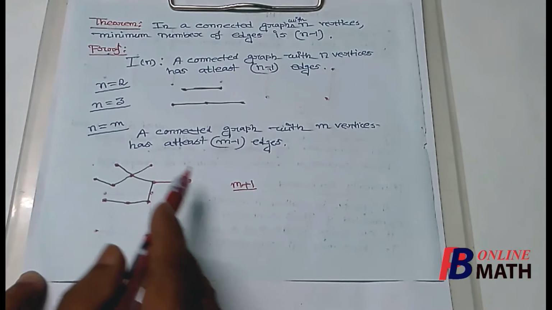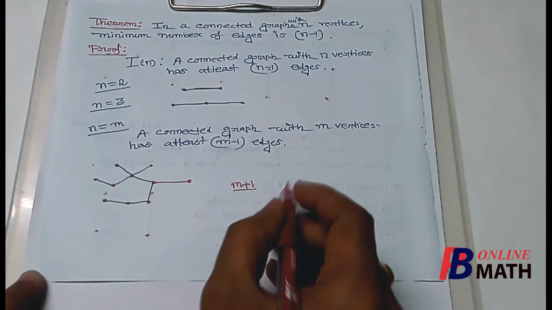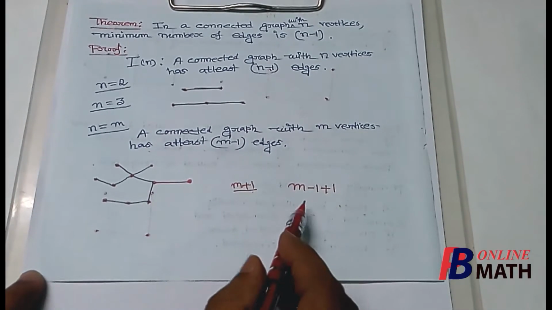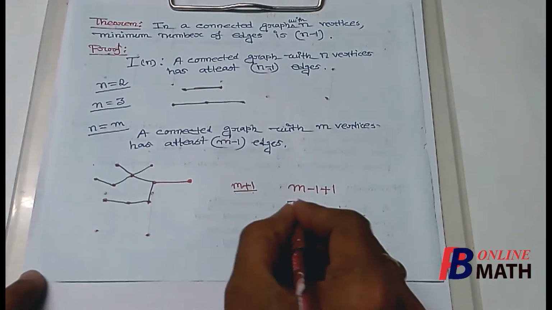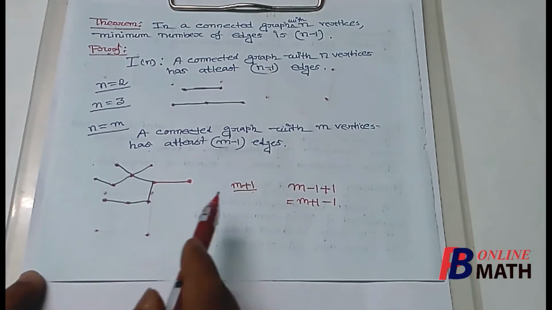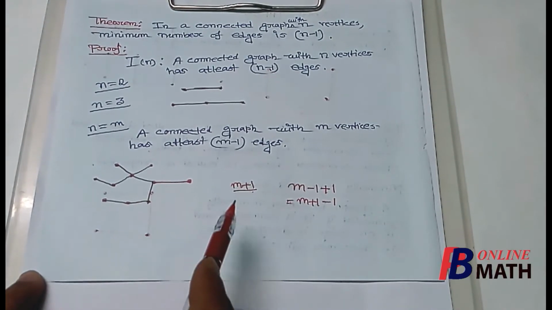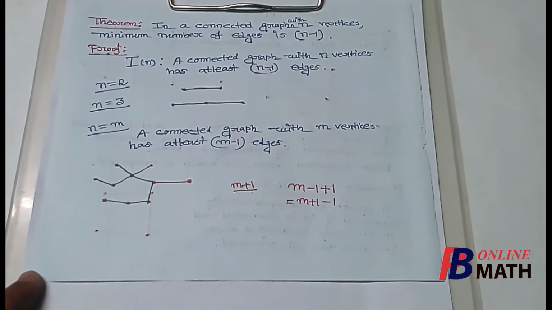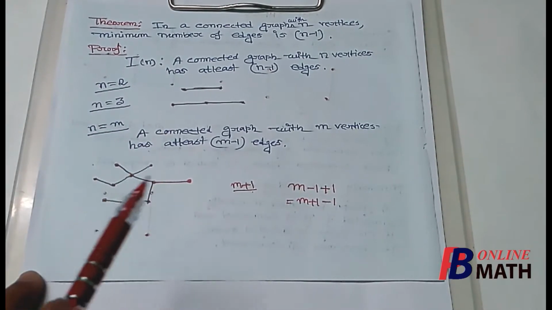So now we have this graph which has m plus 1 vertices and at least m minus 1 plus 1, that means at least m edges, which can be written as m plus 1 minus 1. So this connected graph with m plus 1 vertices has at least m plus 1 minus 1 edges. Therefore we can conclude that the statement is true for n equal to m plus 1.